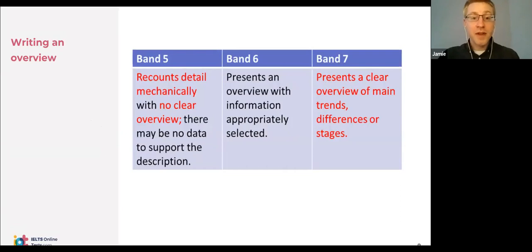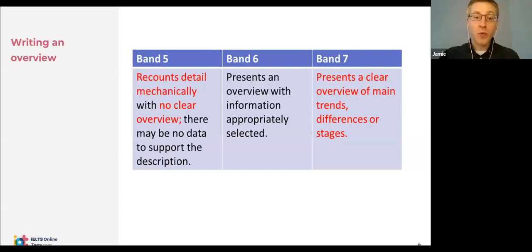You're just describing the data, but without a clear summary of the key points. That will only allow you to get a band 5. Whereas if you present an overview with appropriate information, then that's an easy band 6. And then for band 7, if your overview is clear and clearly outlines the main trends, then that will enable you to get a band 7 minimum.